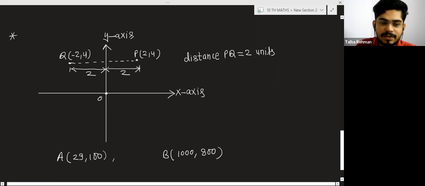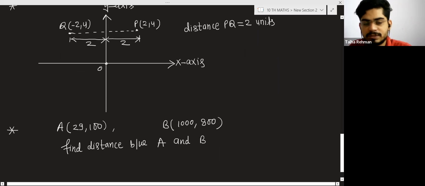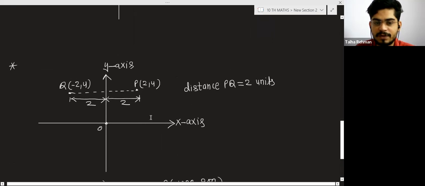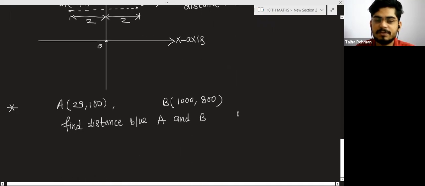Someone says find the distance between point A and B. Now for us, finding the distance between A and B with the help of the graphical method will be very difficult.